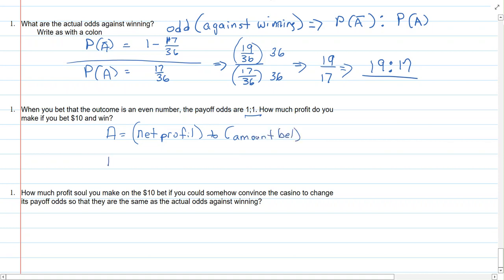So in this case, we have 1 to 1 times the 10. So that gives us, we win $10.